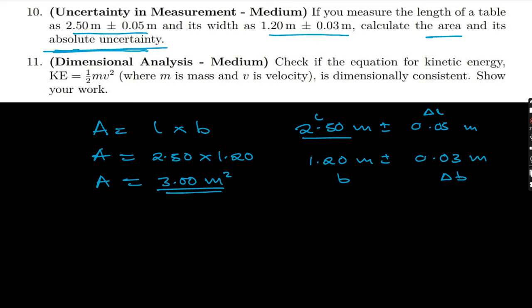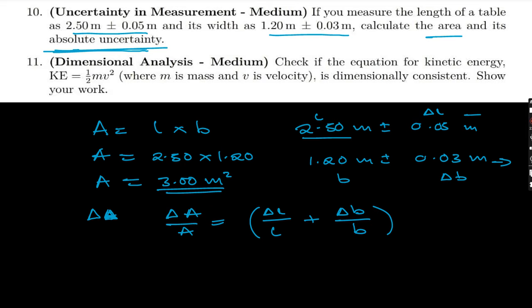The relative uncertainty of A is given by delta A over A. Here we have two quantities, the length and the width, so we are going to add the two: the relative uncertainty in length, delta L over L, plus the relative uncertainty in width, delta B over B.